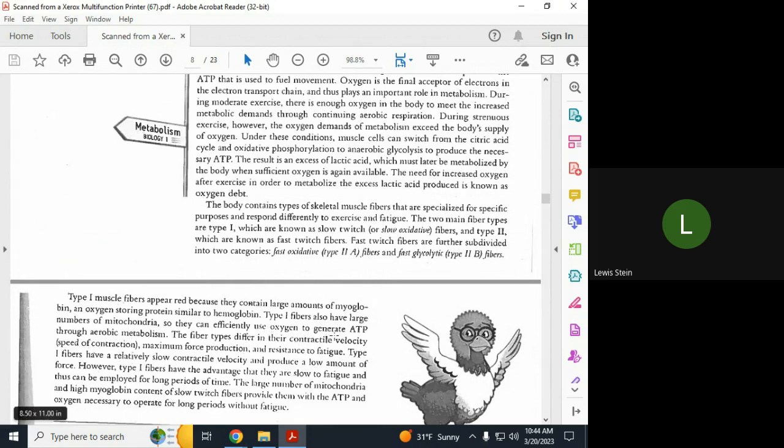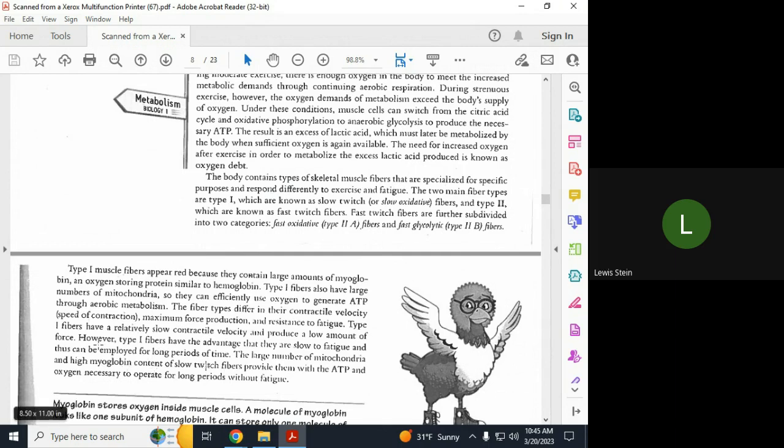When we begin to see these different kinds of fibers, fiber types differ in their contractile velocity, force, and resistance to fatigue. Type 1s are great for endurance, with slow velocity and a low amount of force. Type 1 have the advantage that they are slow to fatigue, so we tend to utilize those fibers more for aerobic and sustained activity.